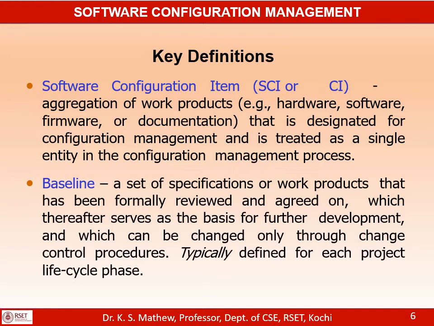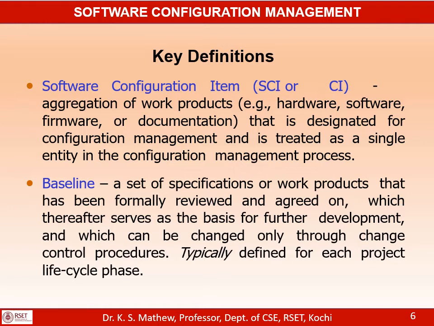Once the review comments are fixed, it will be finalized as a particular version, first version for example, and that first version after review and approval of that work product is called a baseline. So whenever a work product is produced, it will go through the review process, and after the review the work product will be accepted or finalized, and that version of the work product is called a baseline.